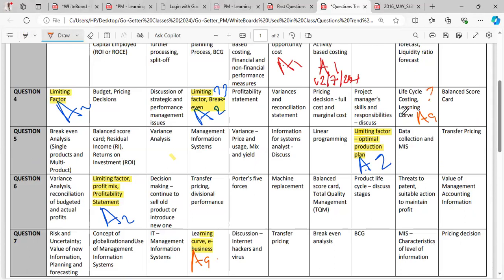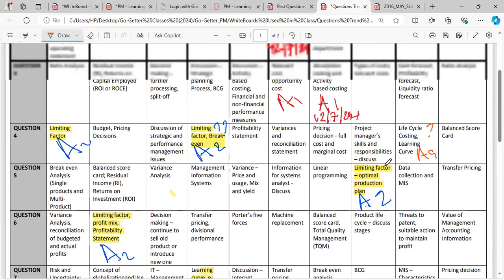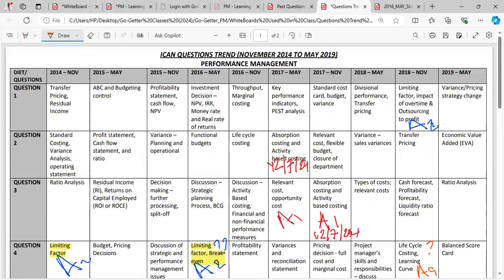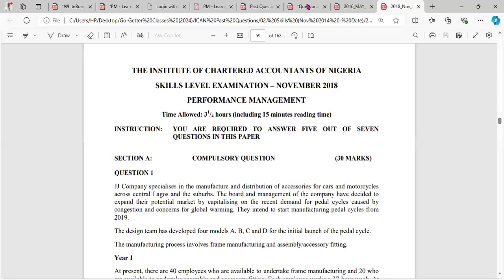So let's look at how the question is. November 2018, you'll be seeing the kind of question we'll be solving. November 2018, question number 4.